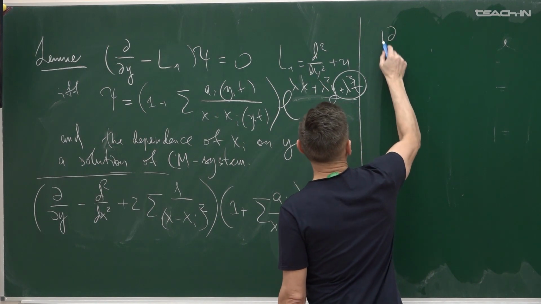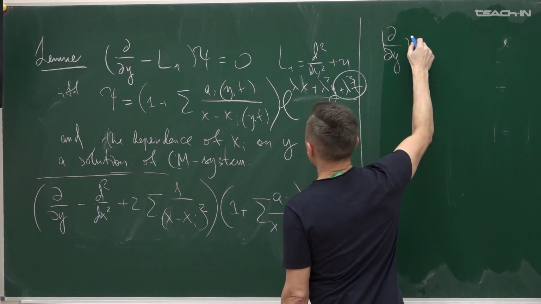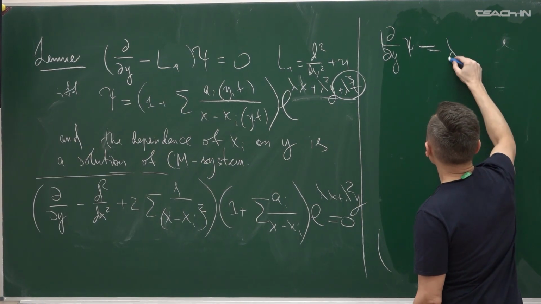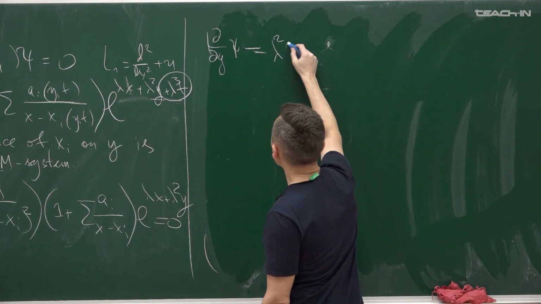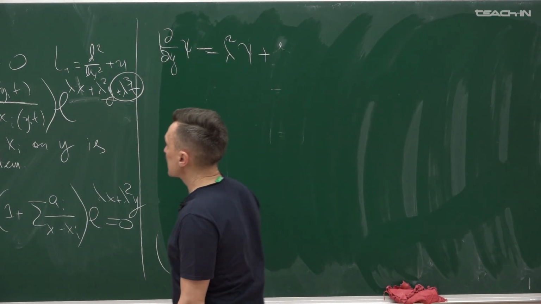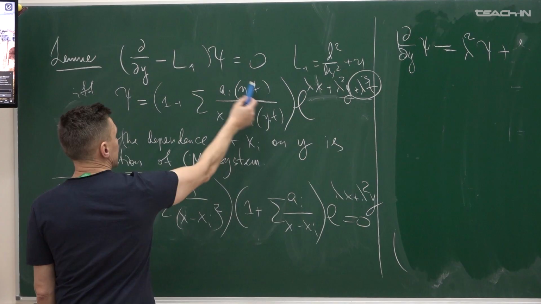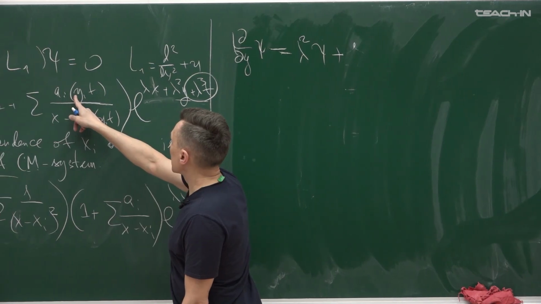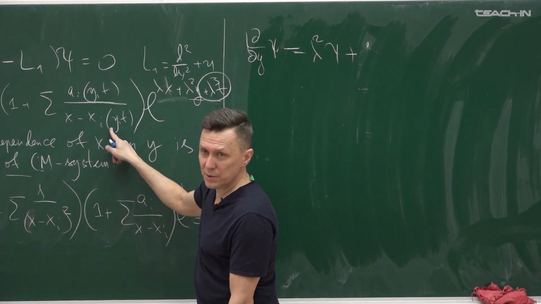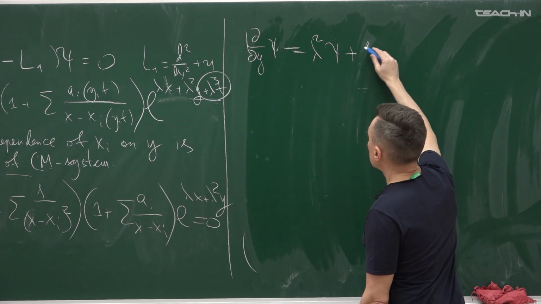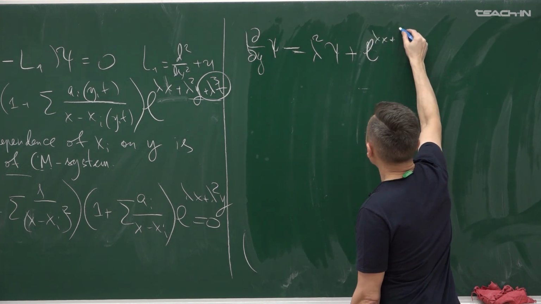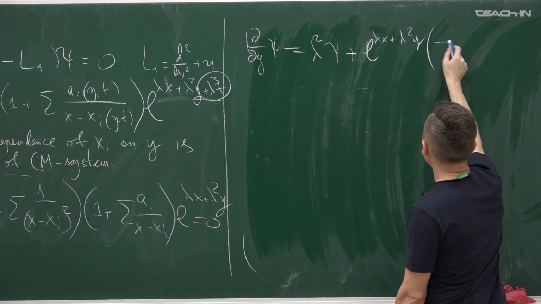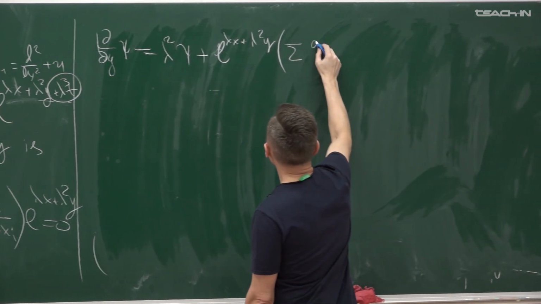Okay, d over dy of the function psi is the following expression: the lambda square psi plus I have to differentiate this expression with respect to y, and there are coefficients and the position of poles which depend on y. So plus e lambda x plus lambda square y times a sum of ai dot.